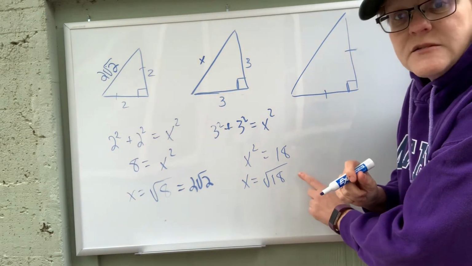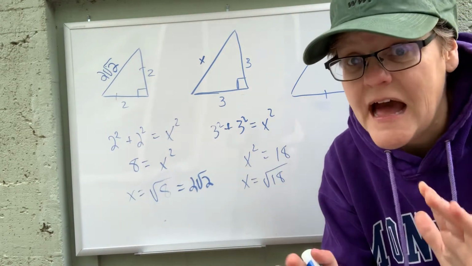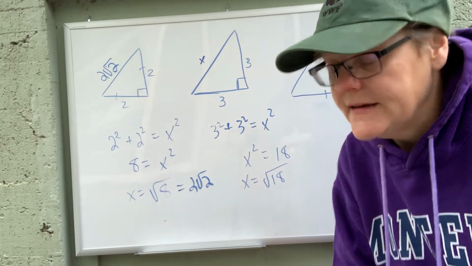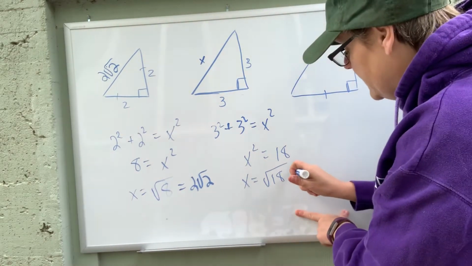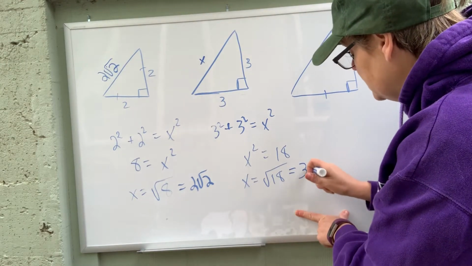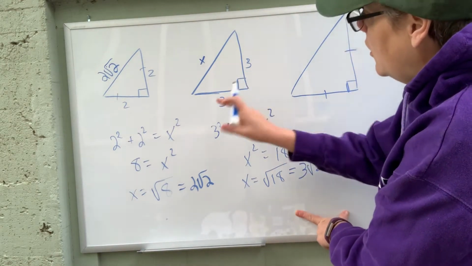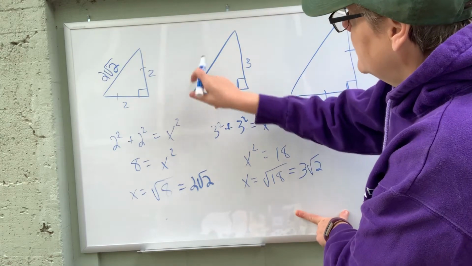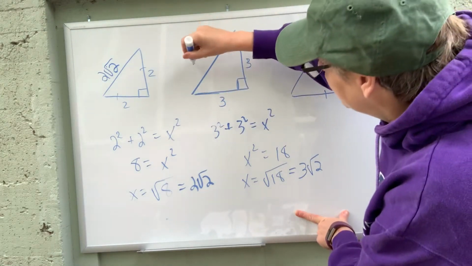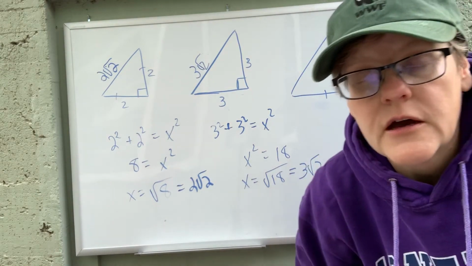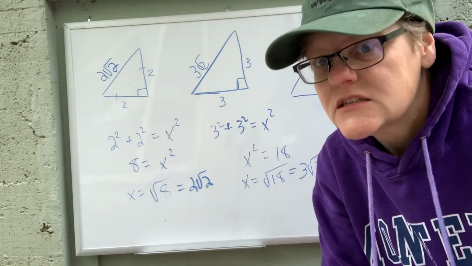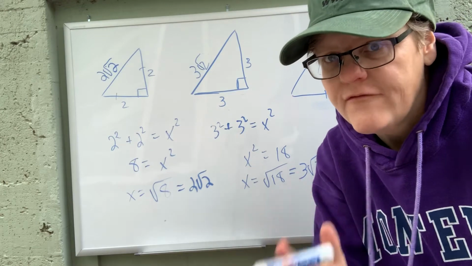But 18 has a perfect square factor, and that's 9. Square root of 9 times the square root of 2 gives you square root of 18. But the square root of 9 is 3. So this is 3 root 2. Oh, looky there, 3 root 2. Now that pattern is only going to work for an isosceles right triangle or a 45, 45, 90 triangle.